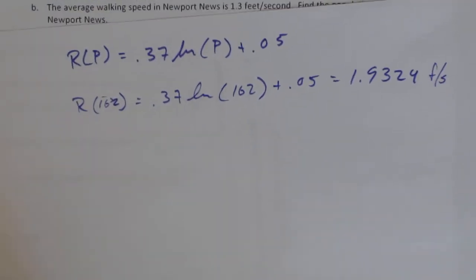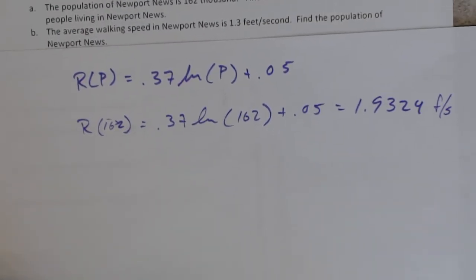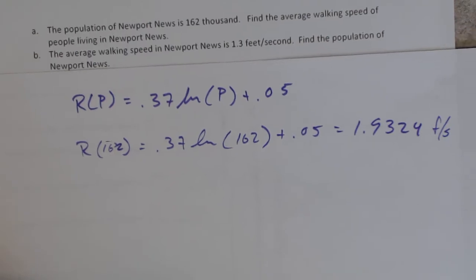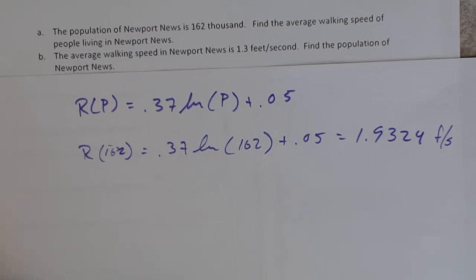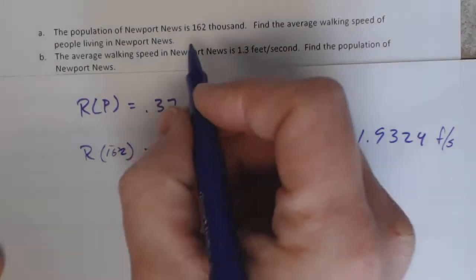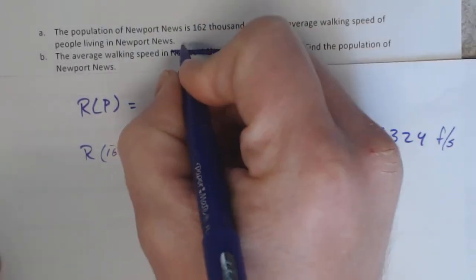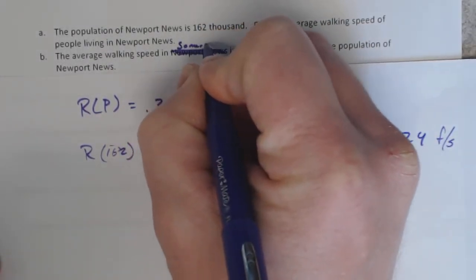Okay. Part B. The average walking speed in Newport News is 1.3. Well, I thought it was. I guess you're talking about somewhere else. Let's not call it Newport News, because I just figured out Newport News. Let's call it Somerset, Kentucky.